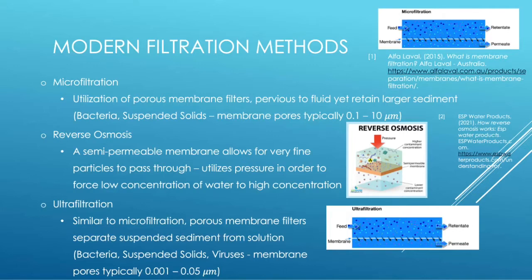This is moving water from a low concentration to a high concentration, since the water above the filter has the substances and colloid, therefore a lower concentration of water, while the water below has a high concentration of water, since it's pure water. This is the reverse of what nature likes, which is usually high concentration to low concentration, hence why we need the pressure. Finally, we have ultrafiltration, which is similar to microfiltration and reverse osmosis.